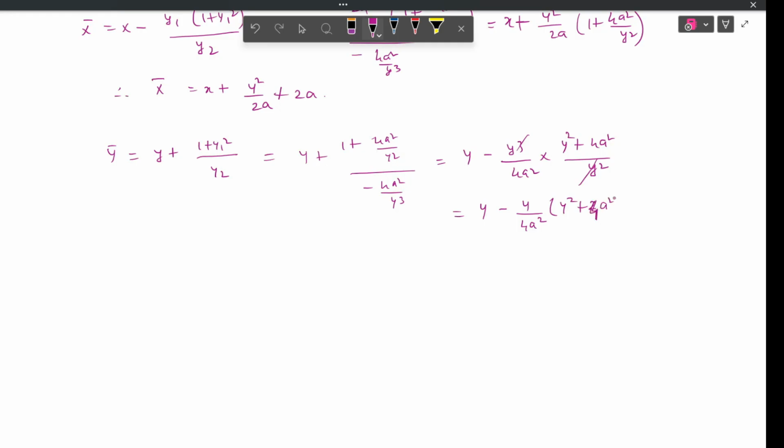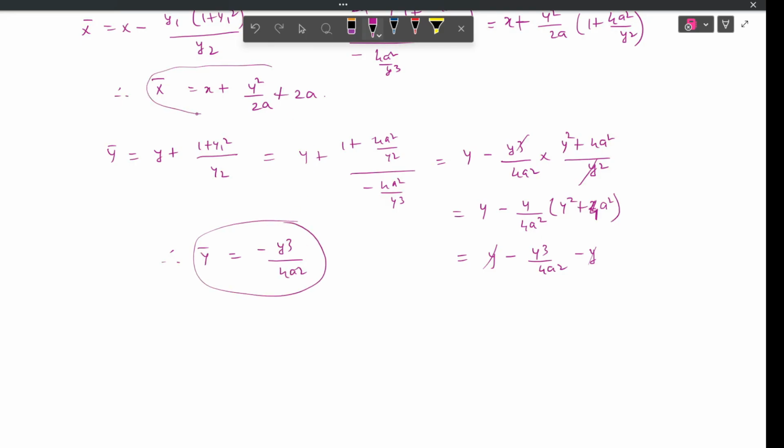This is 4a square. If you multiply this, you will get y minus y cube by 4a square minus y. This 4a square will cancel out, and this y and y will cancel out. So ultimately we get y bar is minus y cube by 4a square.